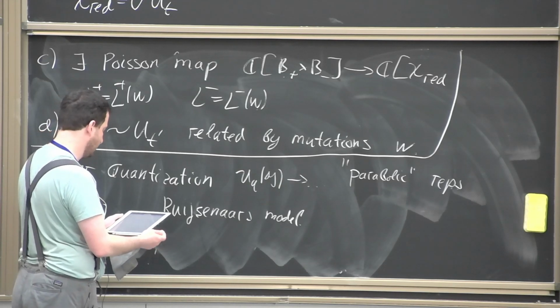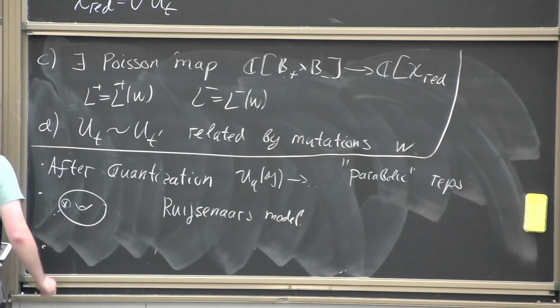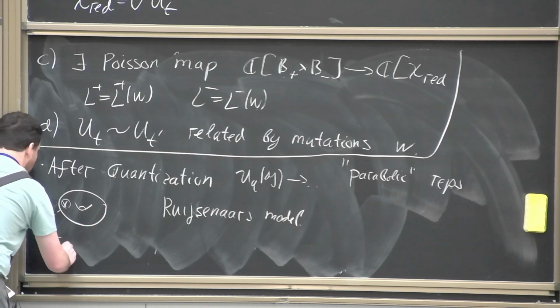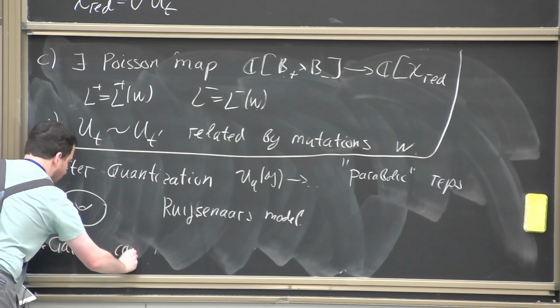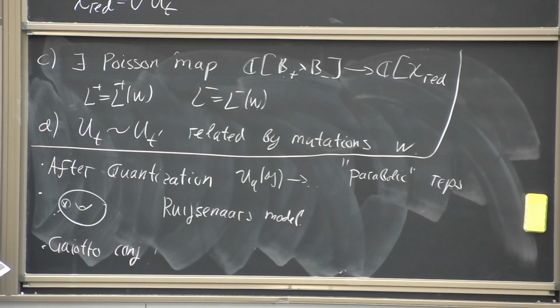And honestly, our main motivation to study these cluster structures is Gaiotto's conjecture, which states that a Coulomb branch for any four-dimensional supersymmetric theory should have a cluster structure.